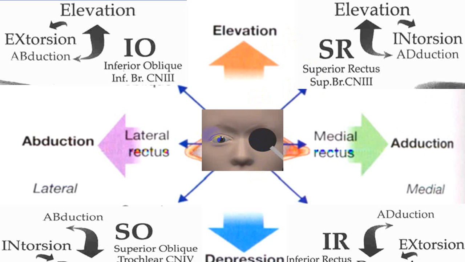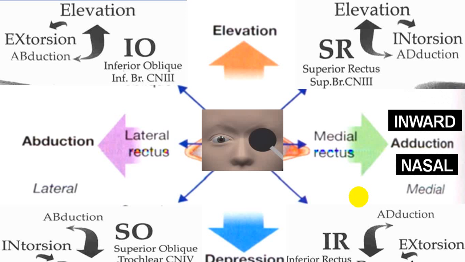Say a medial rectus of this eye. This eye is the right eye of a person. When it moves medially, medial rectus is working. Medial rectus will move medially, we call it adduction. As it is towards medial, it is also called medial movement, or we use the words inward, nasal.